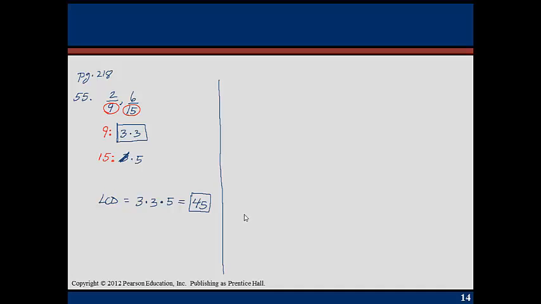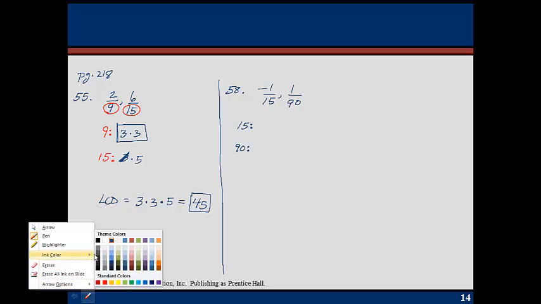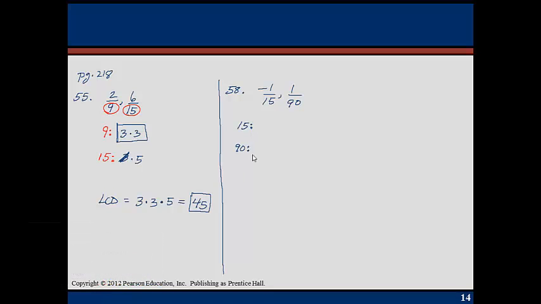Okay, let's look at number 58. And it says negative 1 over 15 and 1 over 90. So we got to find the LCD. So first write down the denominators, which are 15 and 90.